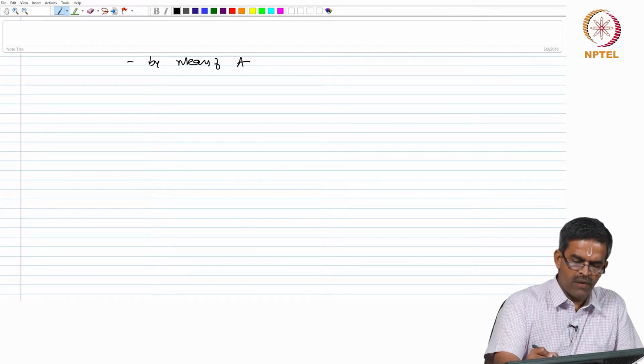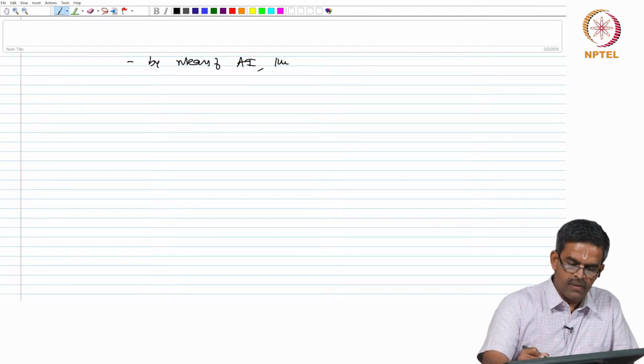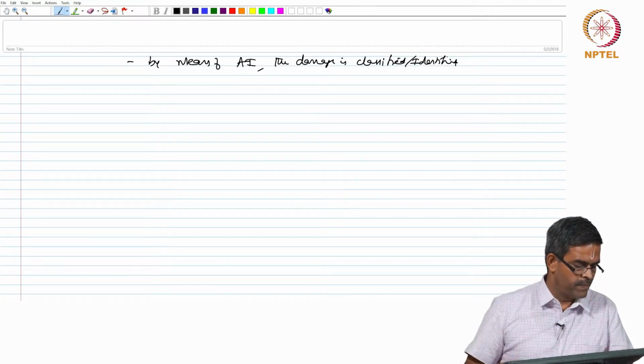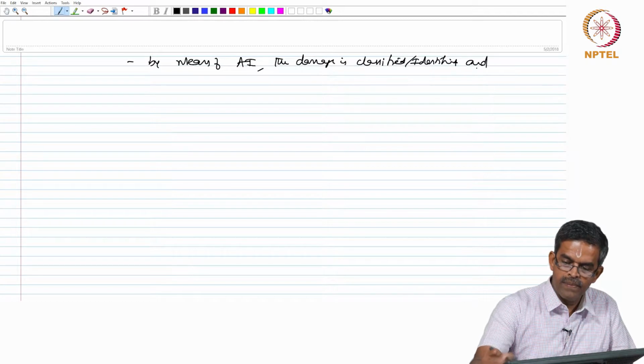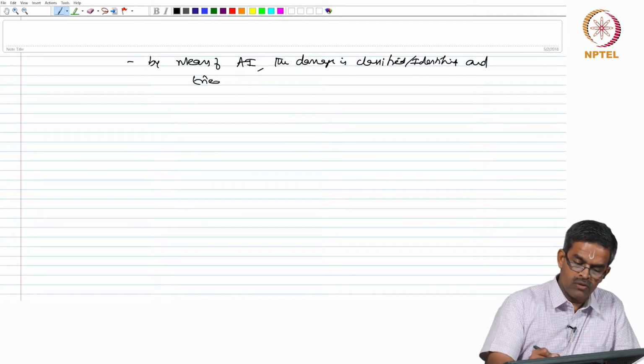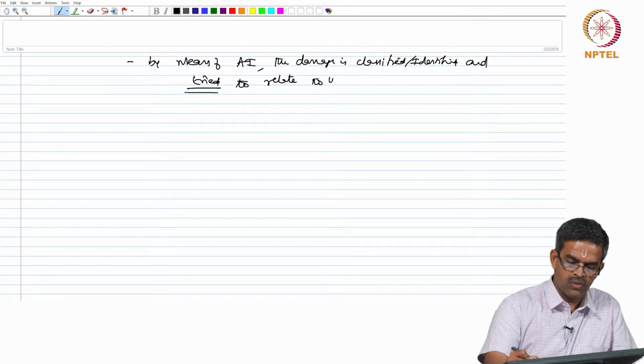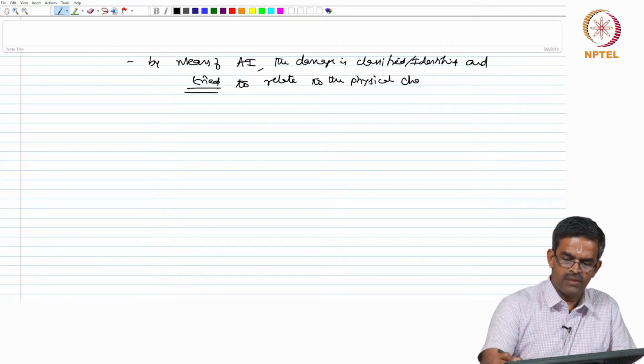By means of artificial intelligence, the damage is classified and identified as well, and I should say tried to relate to the physical characteristics of the bridge.